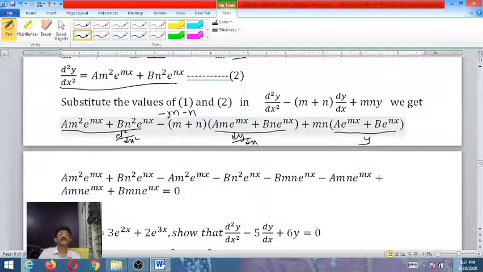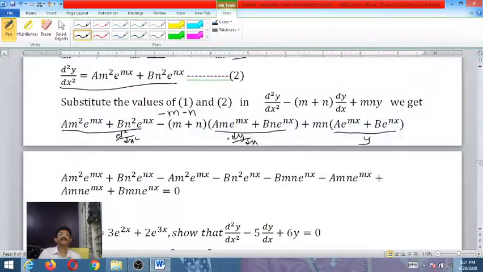Okay, minus m into am, minus am square, right? Minus n into bn, minus bn square. So again this minus m into bn e power nx is minus bmn e power nx.